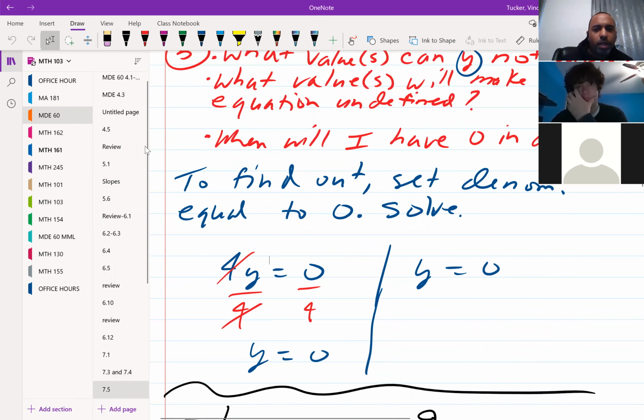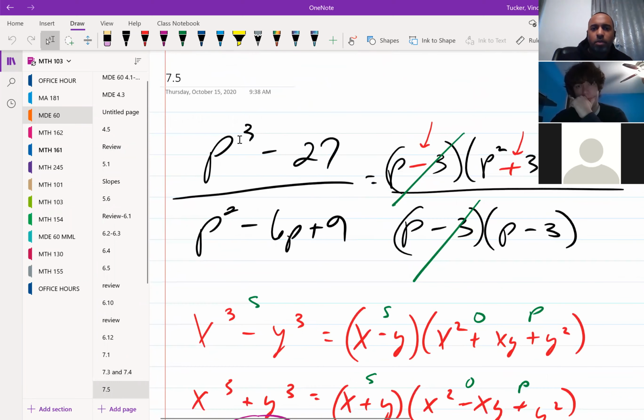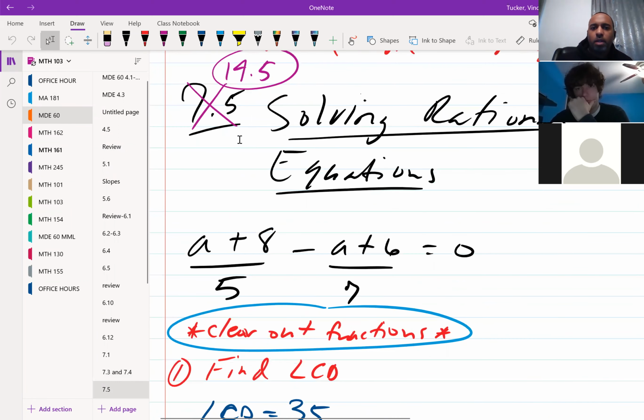Okay. I think we got complex numbers. I think we're doing solving and complex numbers. Let me confirm with Math Lab.